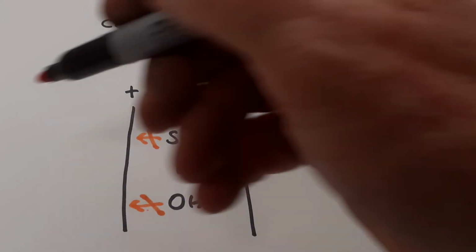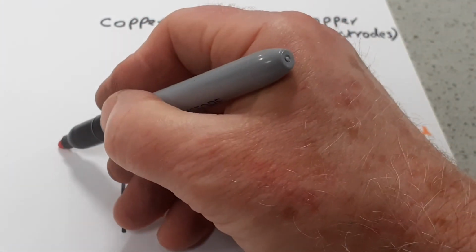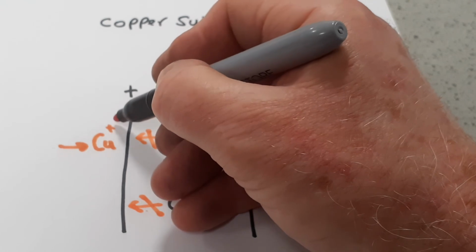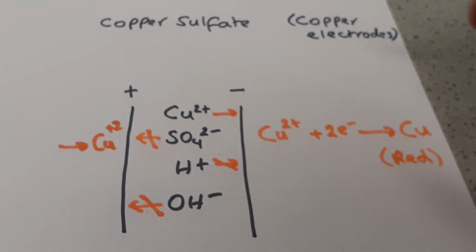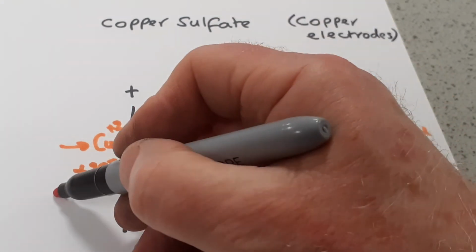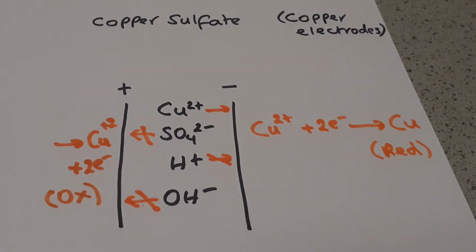But what happened this time was that the copper electrode dissolved. So it must go into solution as ions. To do that, it loses 2 electrons, and this is called oxidation. We will look at this process further and the implications of this for industry later on.